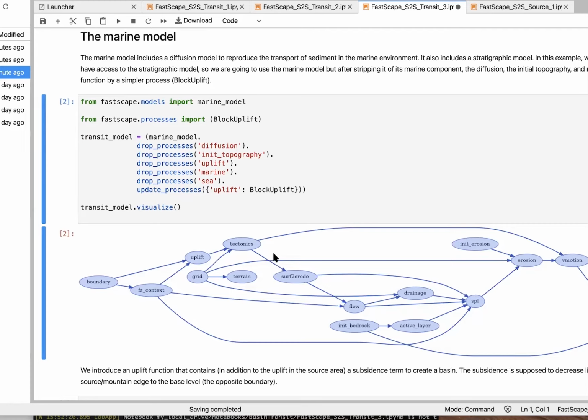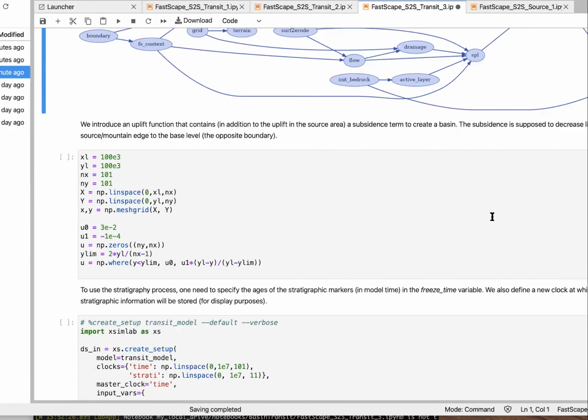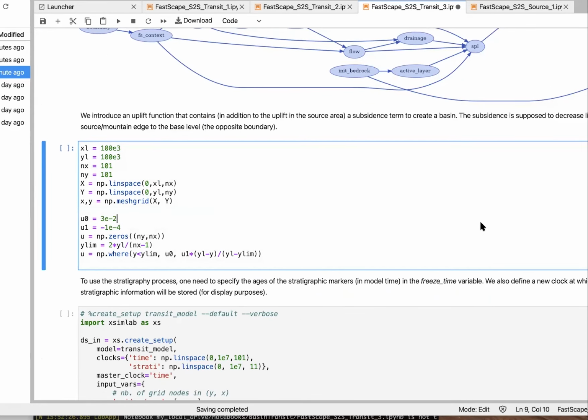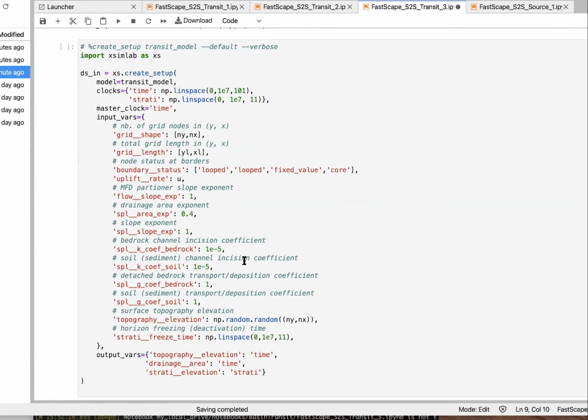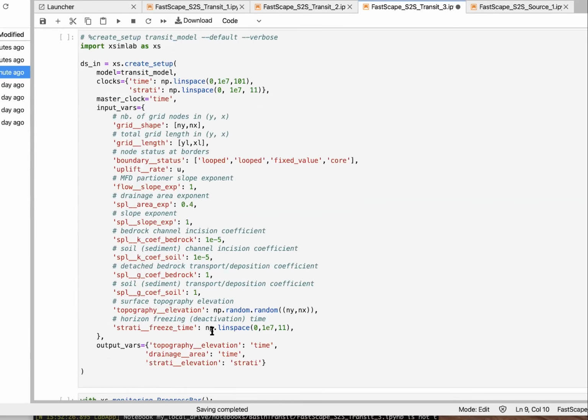And if I look at the input, I'll see that I need some input for the stratigraphy. So let's look at this. Here is the input to this model. It's exactly like the sediment model we did, except that it has this additional thing here, which asks you, how do you want to store the stratigraphy? How many stratigraphic layers do you want in your final model?